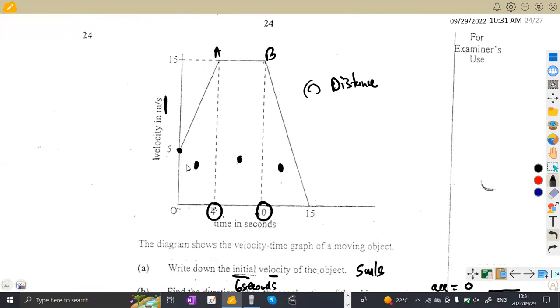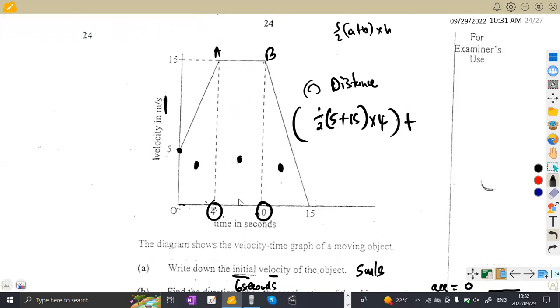Using this trapezium here, remember area of a trapezium is half sum of parallel sides times perpendicular height. So it's going to be half times the sum, which is the parallel side 5 here, plus 15, so 5 plus 15, times the height, which is from 0 to 4. That's your height, times 4. This is the first area, plus the second one, a rectangle, length times width.